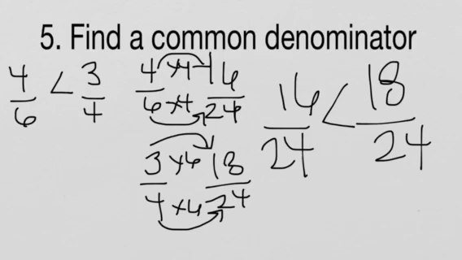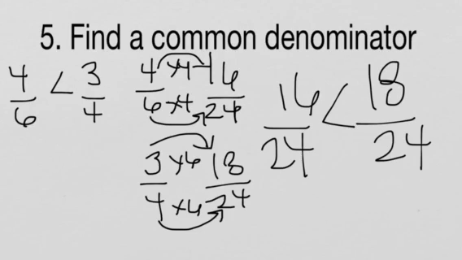We can find a common denominator between our fractions. So when we're comparing 4/6 and 3/4, we're going to have to change both of our fractions to find a common denominator. The common denominator will be 24, so we will have to change 4/6 into 16 over 24. We would multiply our numerator and our denominator by 4.